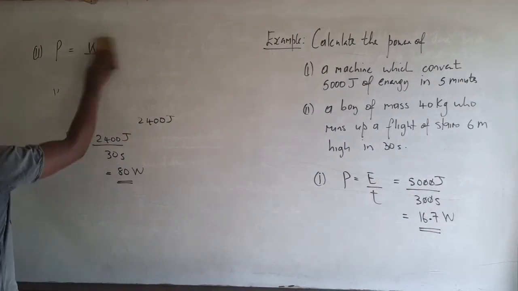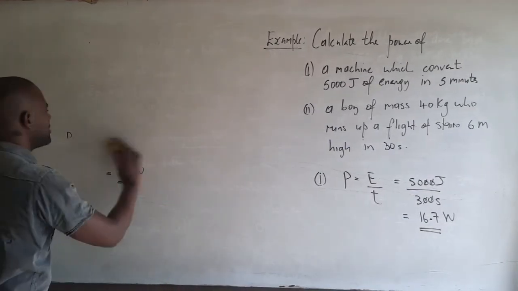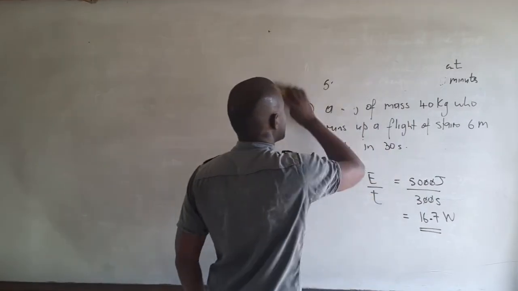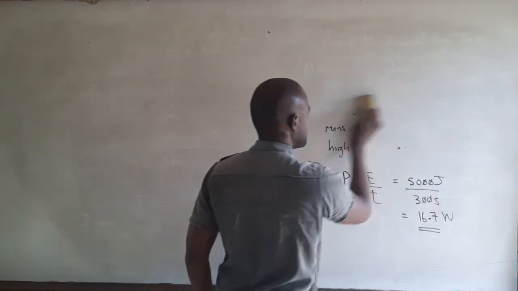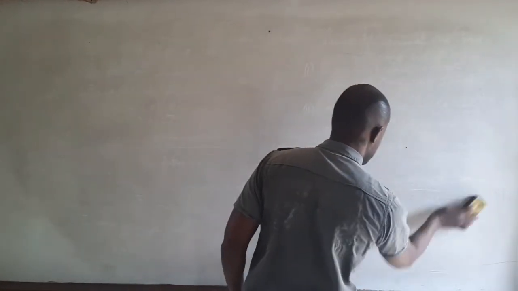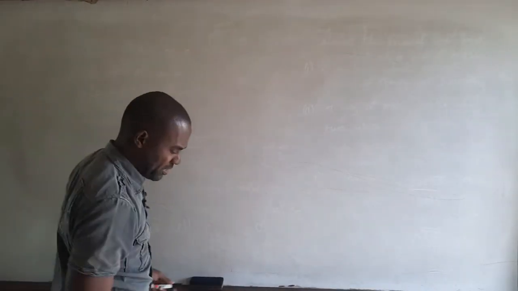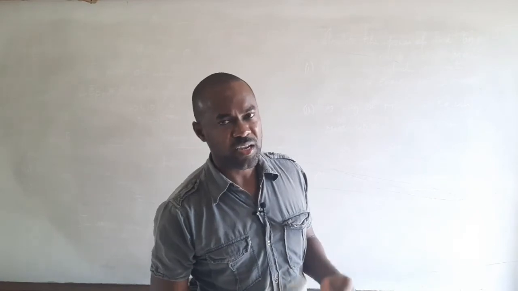Now the last thing we look at is efficiency. Now what is efficiency? When we speak about machines, we're talking about devices which convert energy. So any device which converts energy can be regarded as a machine, right? So machines convert energy from one form into another.